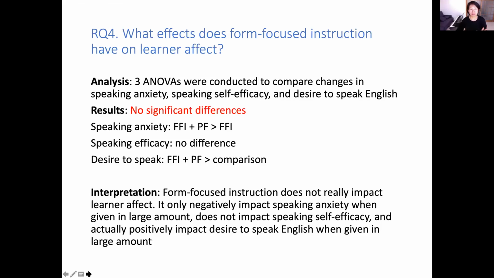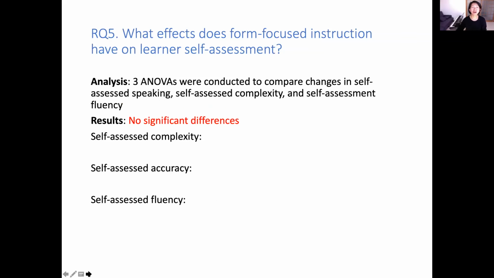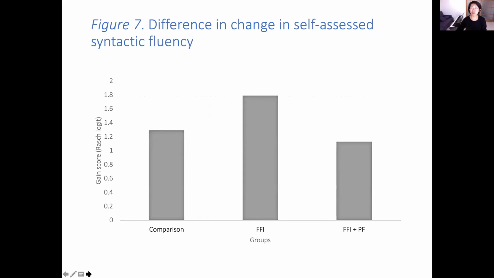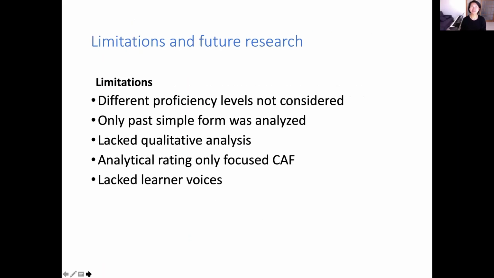So I'm going to skip research questions 4 and 5, and go on to my conclusions. Limitations in research: I listed a few limitations, but my list could actually go on forever. There are so many things that I wish I had done, but I didn't do.